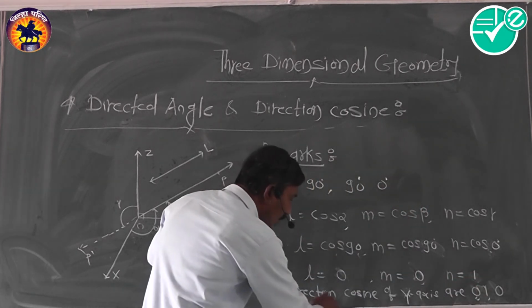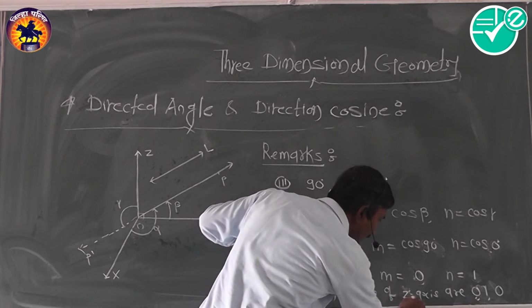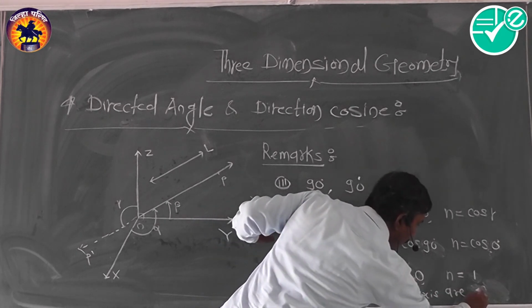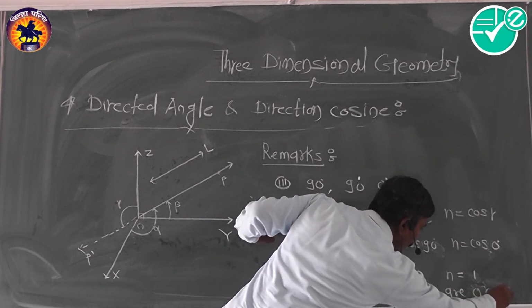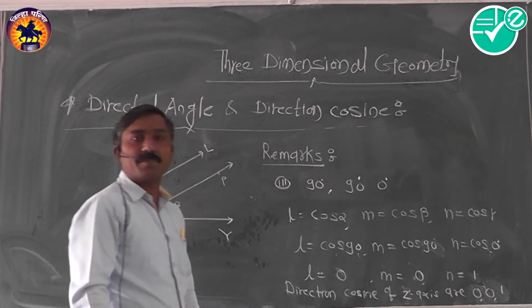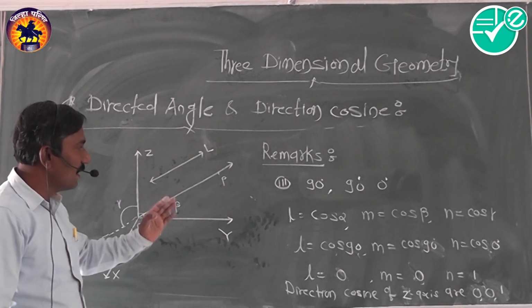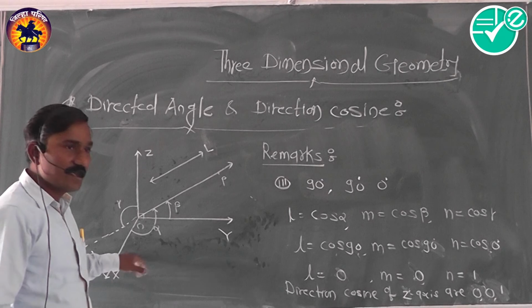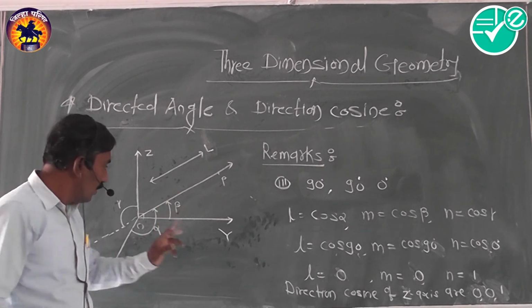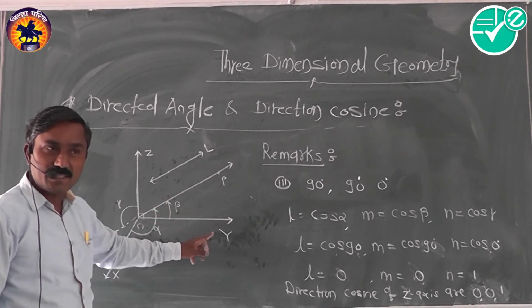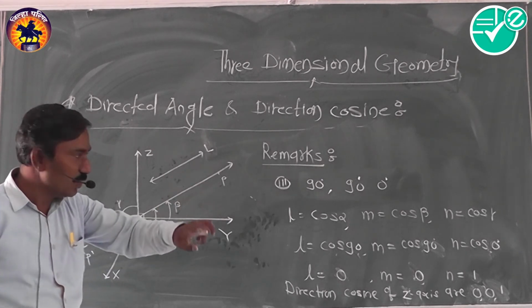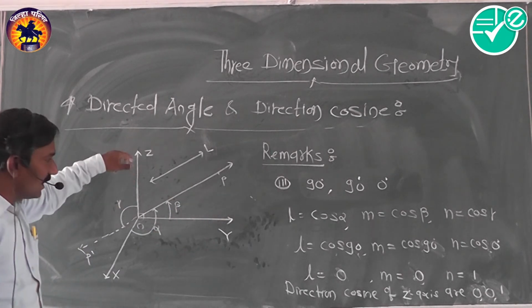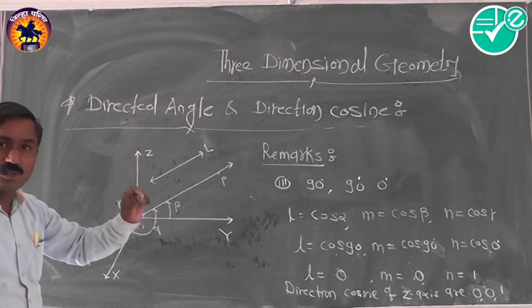Therefore the direction cosines of the z axis are 0, 0, 1. So those are the remarks for the three axes. Direction cosines of the x axis are 1, 0, 0. Direction cosines of the y axis are 0, 1, 0. Direction cosines of the z axis are 0, 0, 1.